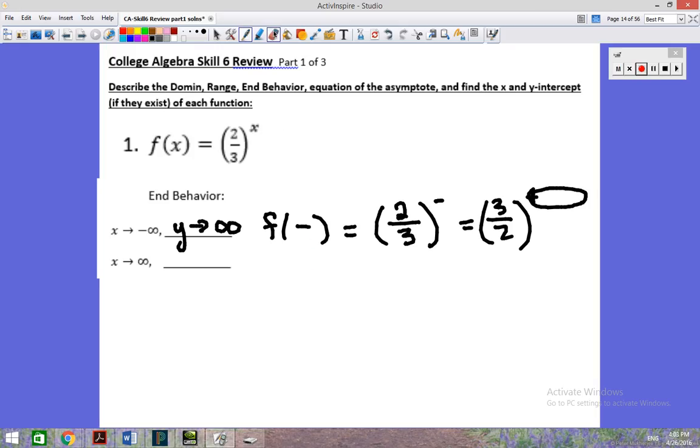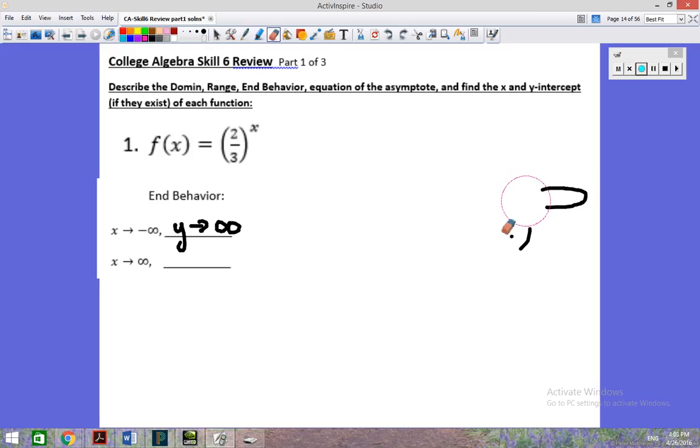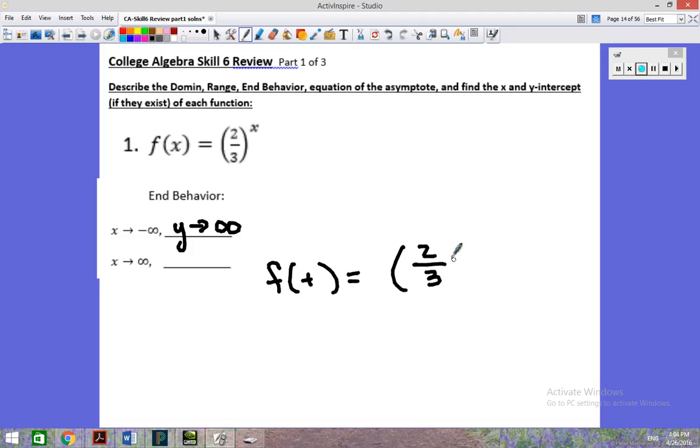Alright, so let's think about what happens if we're far away from the origin, but in a positive sense. If we input into this function extremely large numbers, positive 1 billion, positive 1 trillion, and so forth, well, we've got this base that's smaller than 1, and we're giving it some positive exponent that is a huge number.